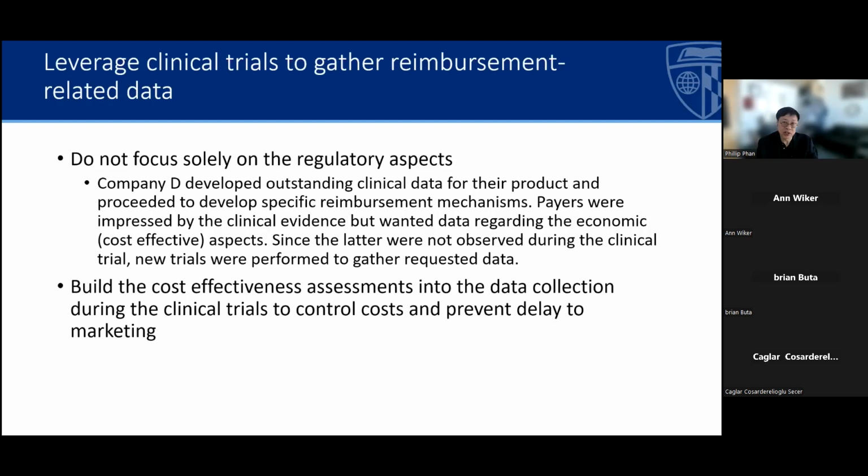So you now have to go back and collect new economic data, which might mean a new set of smaller trials, but nonetheless, you're losing time and it's going to cost you more. So try to do those things together, all right? Build cost-effectiveness analysis assessments into the data collection when you're testing your technology for efficacy. Do it together.